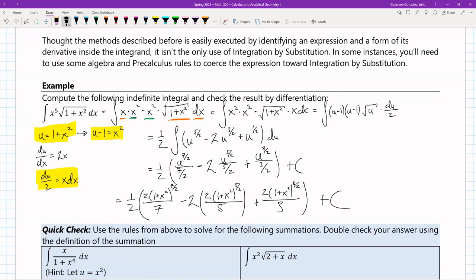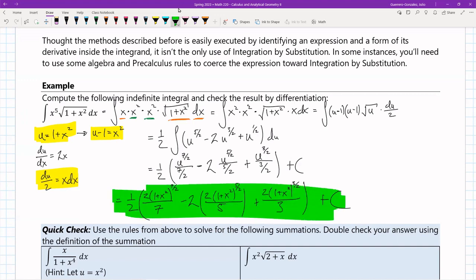I'm not going to do the check for this one, but if you're still unconvinced, you should take the derivative of this thing and make sure that this is the original. So if we take the derivative of this, then we should get this at the end.